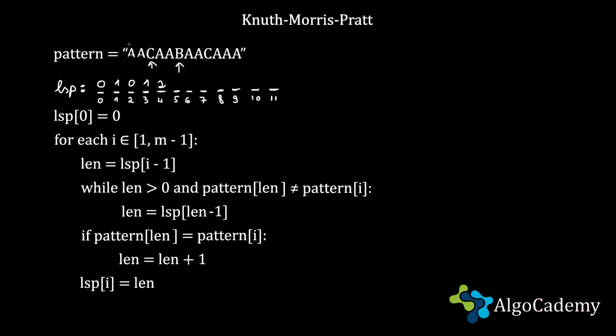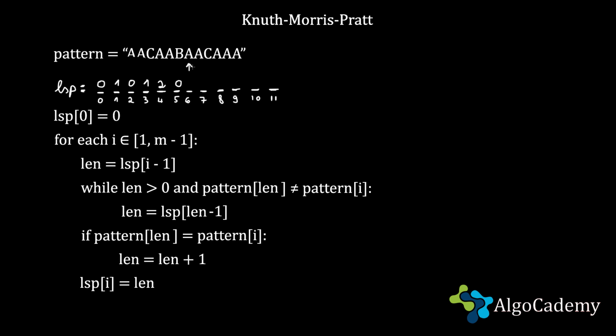Okay, so I'm going to try out this one, with its corresponding suffix, maybe the next characters are equal. And as long as pattern of len, which is now 1, A, is different than pattern of I, it is indeed different, so this is also not good. I move to LSP of len minus 1, which is LSP of 0, which is 0, so len became 0. The while loop will finish execution. I check, is at least pattern of 0 equal to pattern of I? It's not, len stays 0 and the LSP is 0.